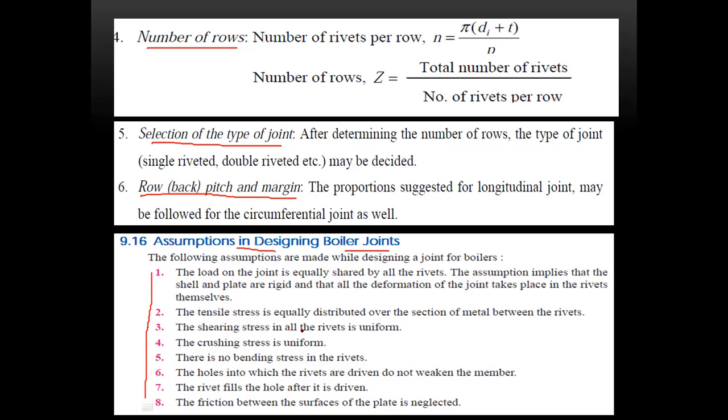The shearing stress in all the rivets is uniform. The rivets fill the hole after being driven. The friction between the surfaces of the plates is neglected. The crushing stress is uniform, so the stress is equally distributed over the section of the metal between the rivets. So these are the assumptions to be made while designing the boiler joints.